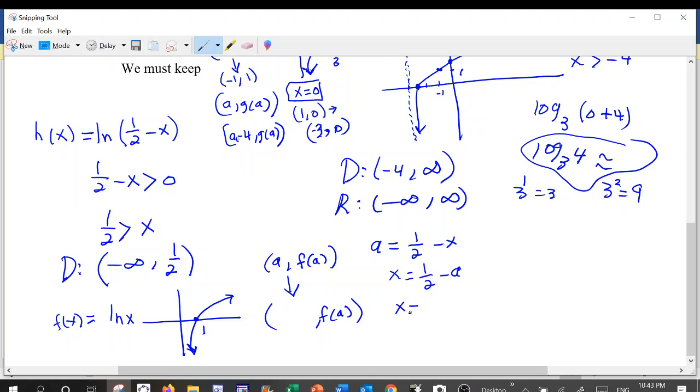You can write it this way to see it. So the negative a first, and then 1/2, right? If you follow order of operations here, you start with a multiplied by negative, and then add 1/2 to it. So that means we have to take negative a, plus 1/2. That's how we change the x.